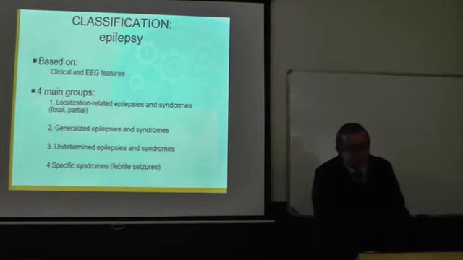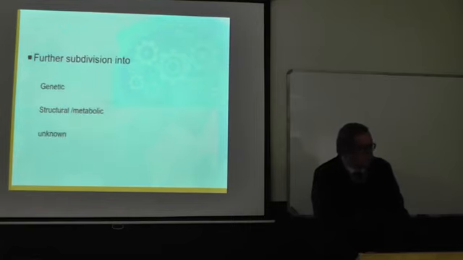Classified, as we've already discussed, according to clinical and EEG features. So, focal, generalized, undetermined, and in specific syndromes, where we also think about febrile seizures as a subtype. The etiology or the cause is divided into genetic, structural, metabolic, and then unknown.